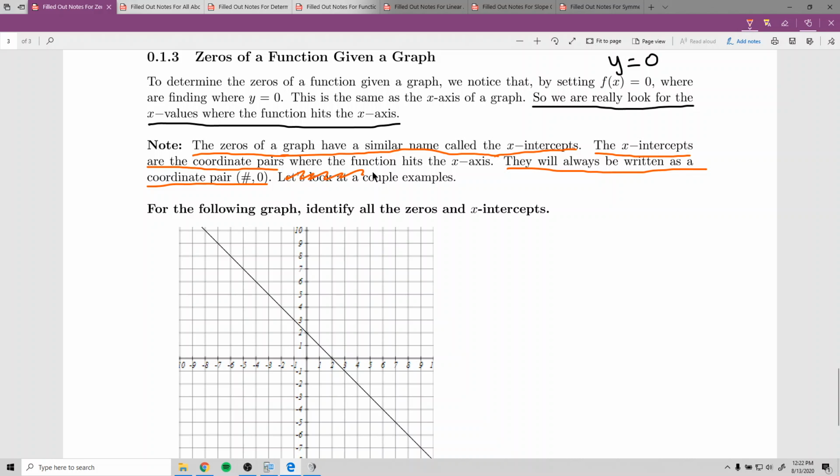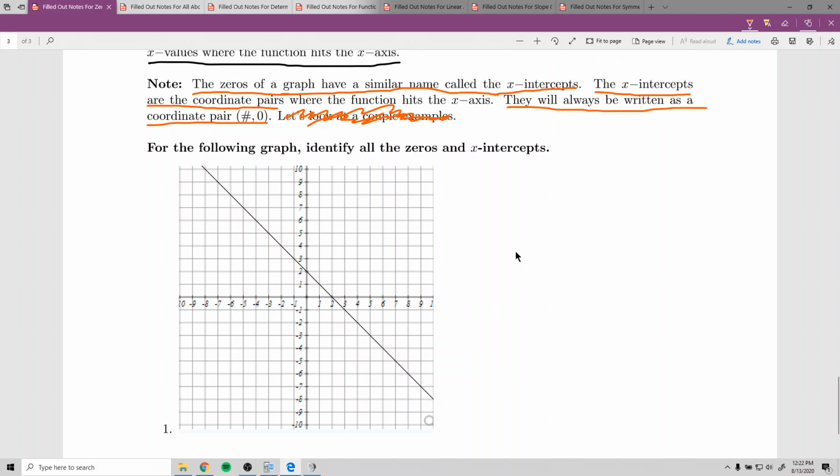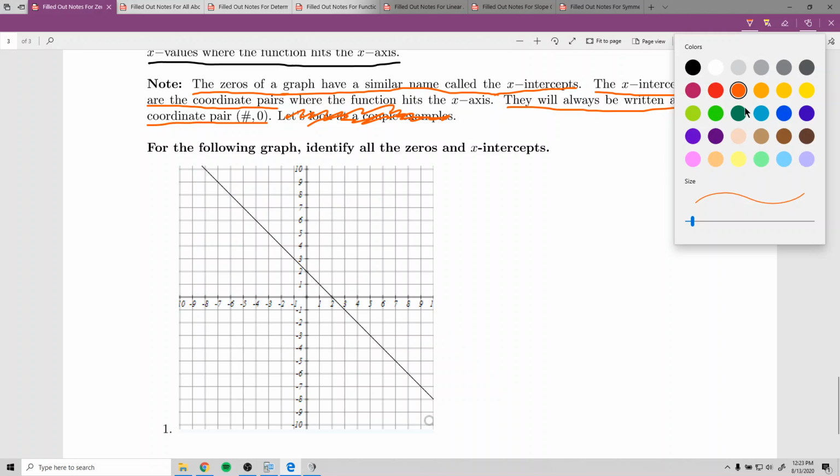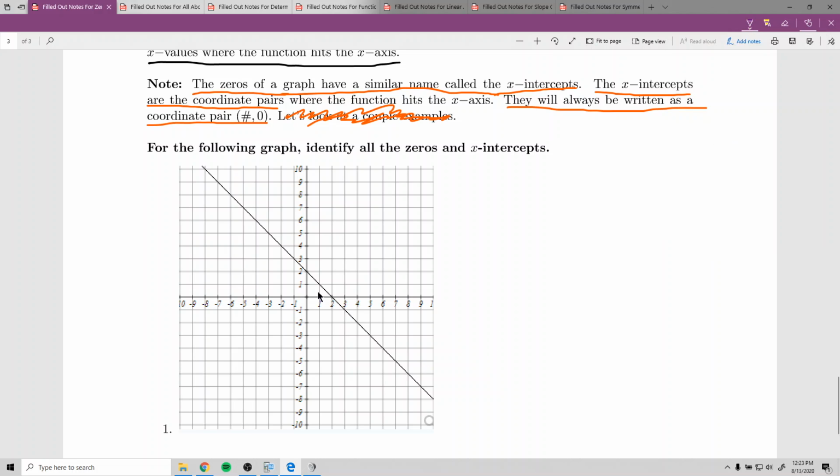And so I only have one example here because that's enough for this idea. It says for the following graph, identify all the zeros and x-intercepts. Well, all we need to do is look at where the graph hits the x-axis.